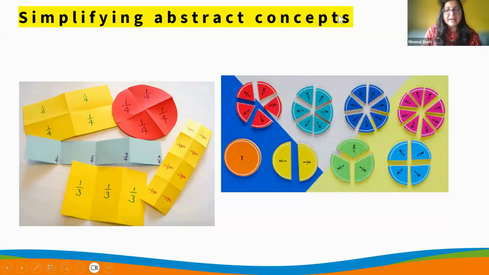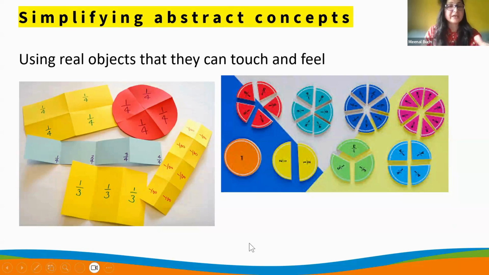So, coming back to chunking: simplifying abstract concepts using models, something they can create as real objects. Just get a piece of paper, fold it, and they can touch it, hands-on.